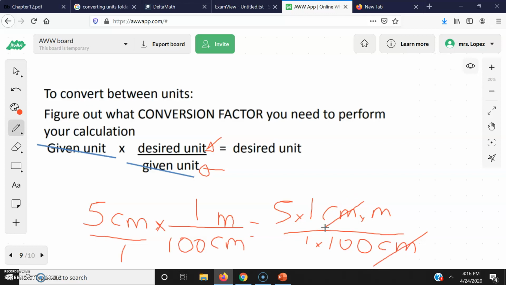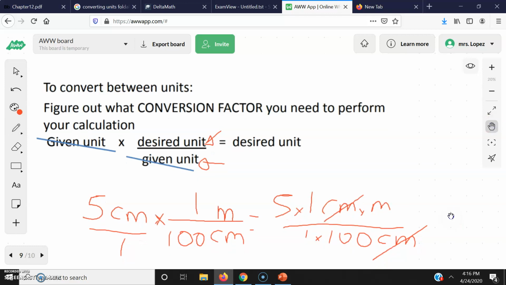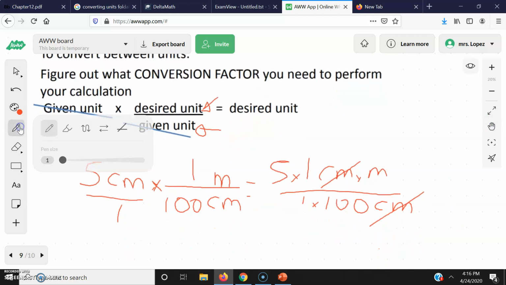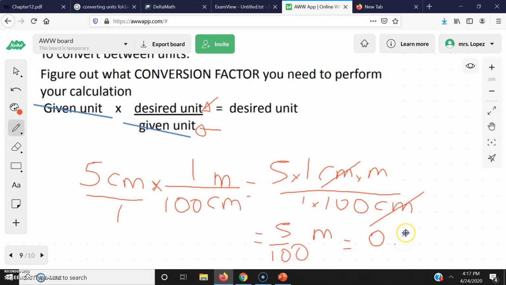And what do I have left? 5, let me bring it up. I will have 5 over 100 meters. If I use my calculator, this will give me 0.05 meters. So I change using this fraction.